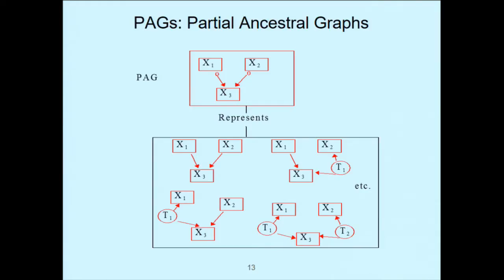Okay, so what does a PAG look like? Well, now it involves these circles and these arrows. And the circles, in some intuitive sense, represent ignorance. We don't really know what's going on that side of the adjacency. So now the adjacency really can be conceived of, where did I put it? So if there are no confounders, what are the possibilities?